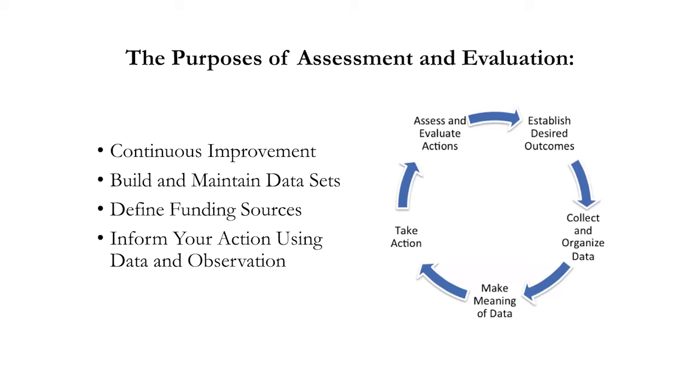Outputs are the things that are directly produced by your program, right? Such as number of documents translated, number of interpreters booked, number of workshops that had LEP persons in attendance, et cetera. And then outcomes are the results of those outputs, right?